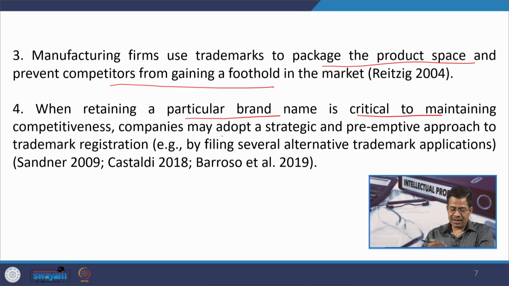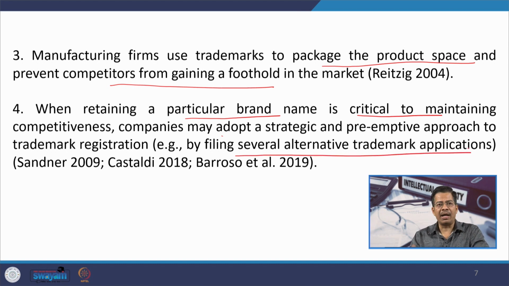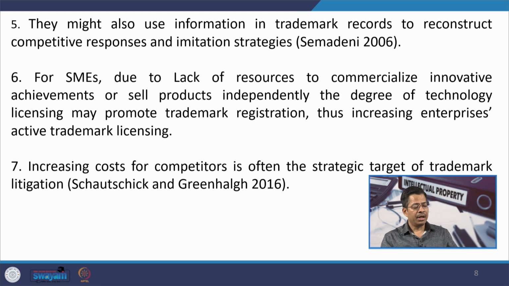So, as I just mentioned, they may go for alternative trademark applications, so that in all possible ways you are creating an entry block for your competitors. And in this way we are creating a superior position in that particular market for ourselves.